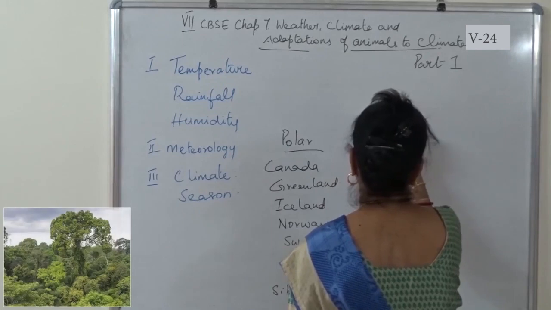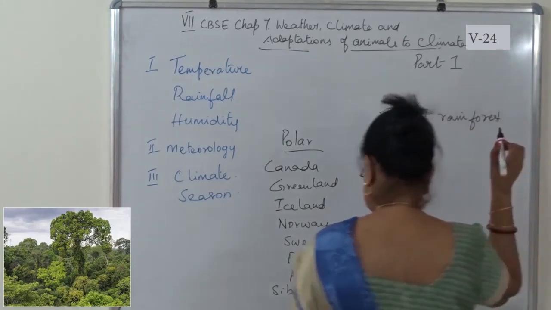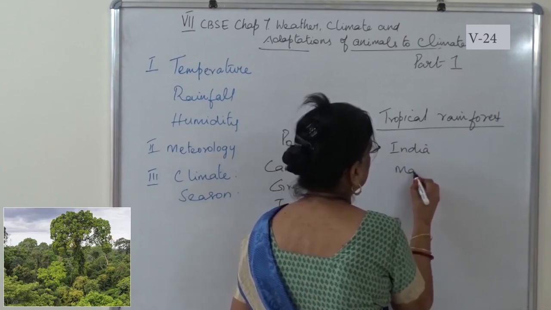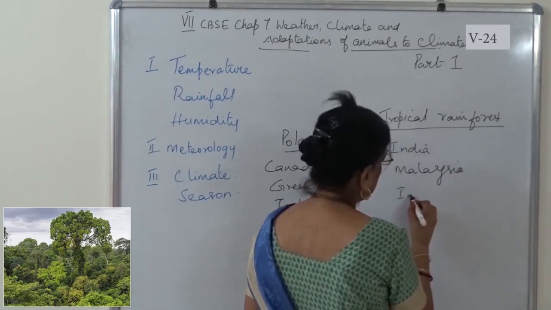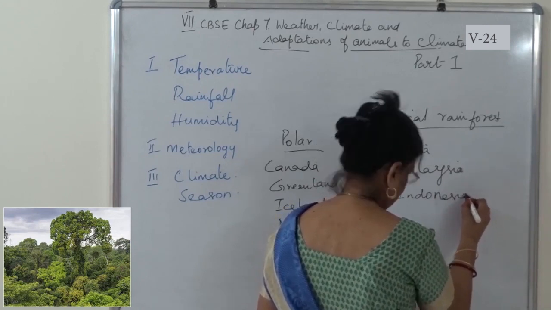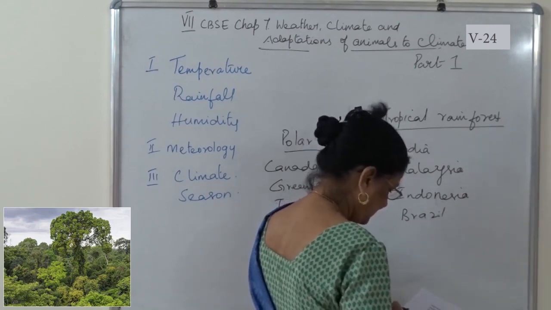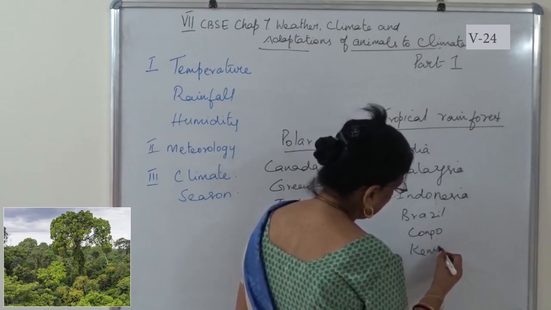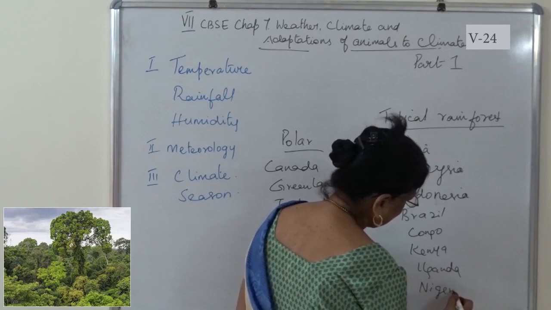Okay, whereas tropical rainforest, central tropical rainforest, those are, first, India, Malaysia, Indonesia, Brazil, and Congo, given Republic of Congo, Kenya, Uganda, and Nigeria.